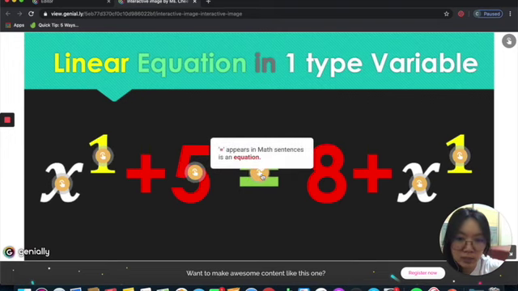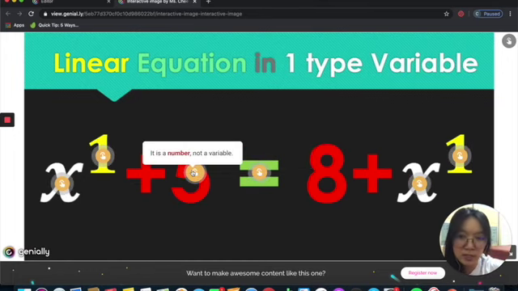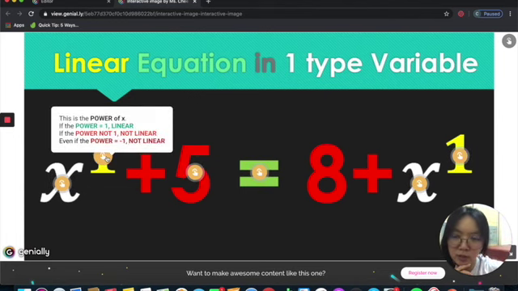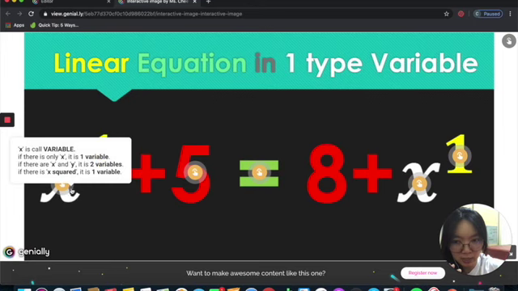Next, what is this? If in the mathematical sentence there is an equal sign, that means this is an equation. And what is this? It is a number. So this is not called a variable, it is a number. This is interesting. I have 1 here. So 1 is called the power of x here.